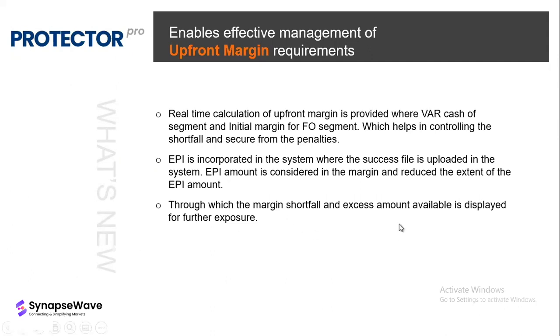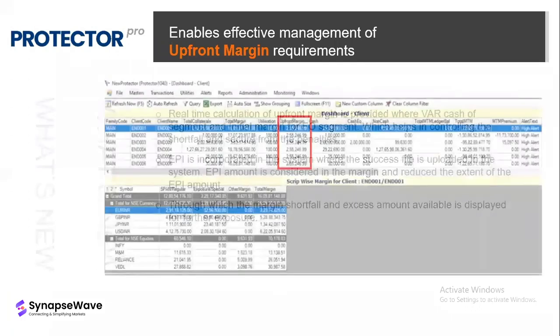With the margin shortfall, the excess amount will be displayed in the future. As and when this file is uploaded, the calculation changes immediately for each and every field, where the margin has been reduced, the collateral has been affected, and the total net of other things, whatever excess or shortfall, or any additional margin, is also displayed in the system.